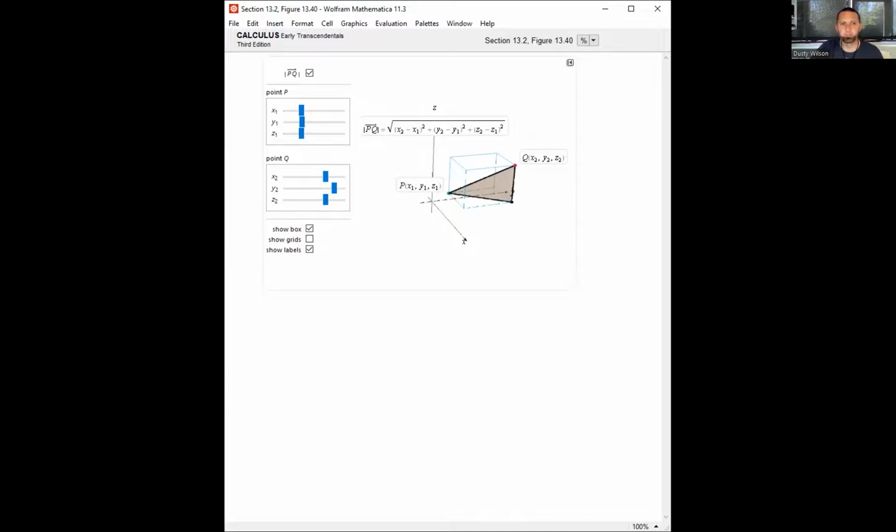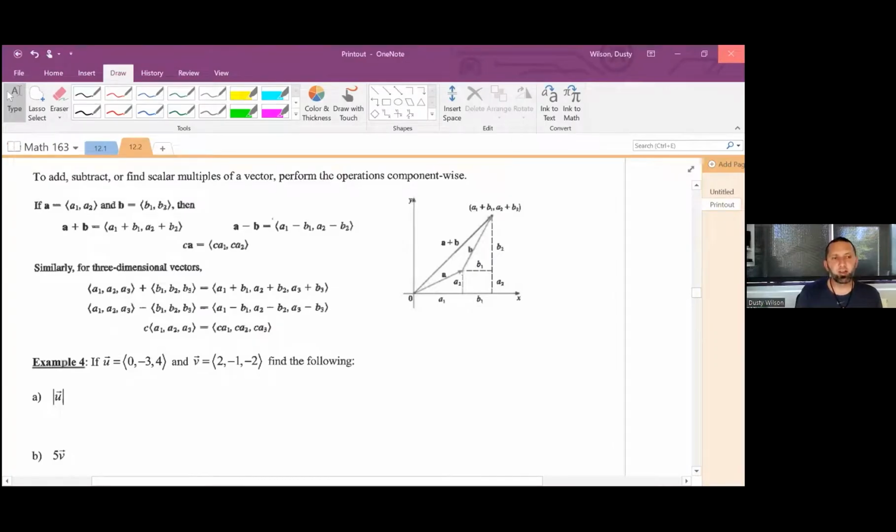Easy peasy. To add, subtract, or find scalar multiples of a vector, perform the operations component-wise. That is, if A is equal to A1, A2, and B is equal to B1, B2, then A plus B is the sum of the X components, A1 plus B1, comma, the sum of the Y components, A2 plus B2.